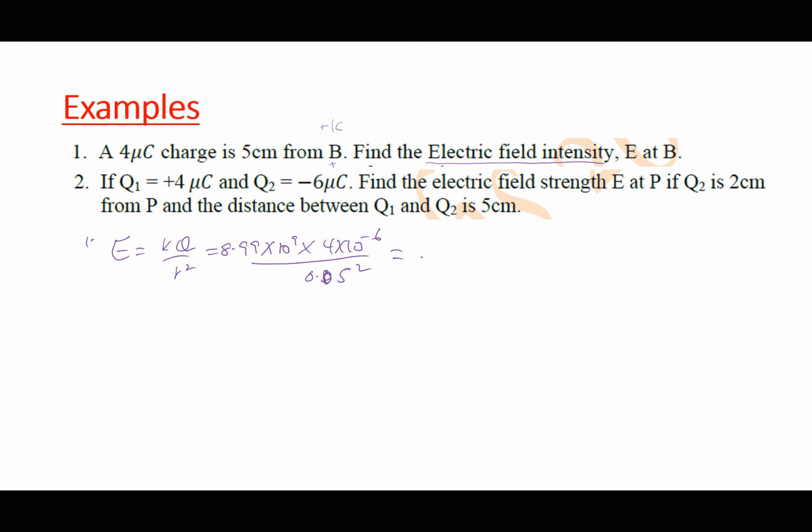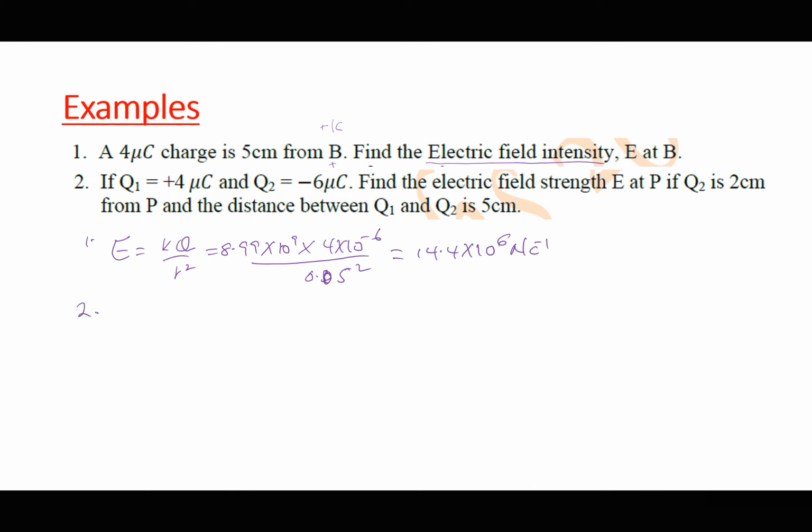We press our calculator at this point. So this is giving me 14.4 times 10 power 6 newtons per coulomb. Note that we imagine a unit positive charge at B. The force it experiences at that point is the electric field strength at that point.